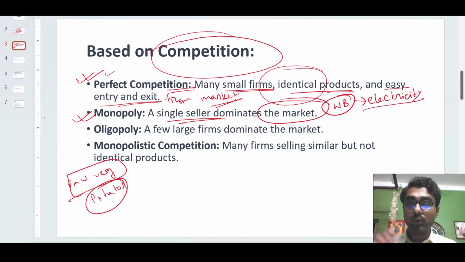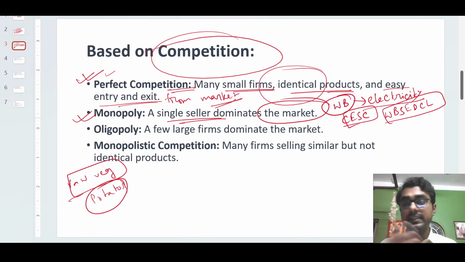For the Kolkata region there is a company called CESC, and for outer Kolkata, the urban or rural areas across West Bengal, there is the state electricity board, WBSEDCL. So this is basically a single seller for the electricity supply. That is called the monopoly market.